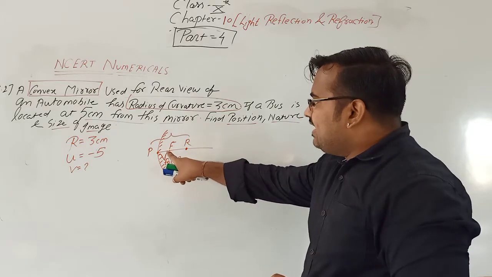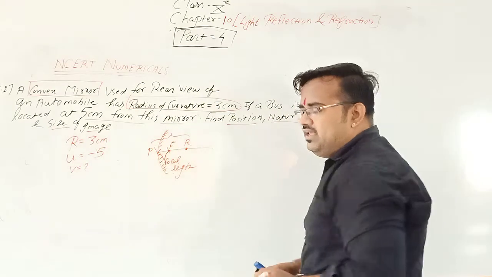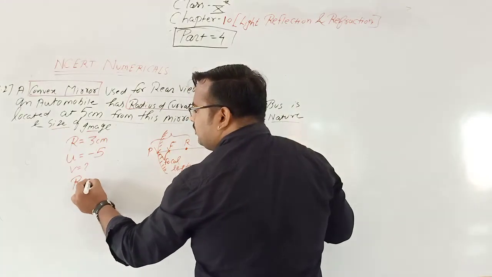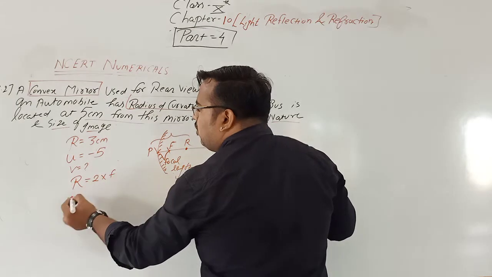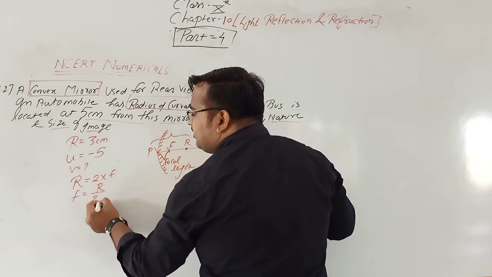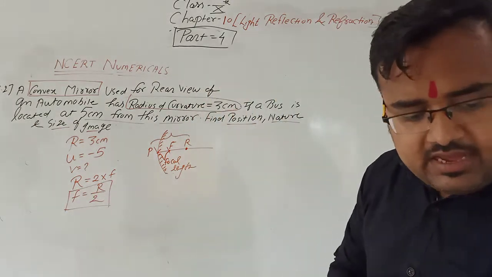So the focal length is half of the radius of curvature. We can write the formula: radius of curvature is equal to 2 into focal length, or focal length is equal to half of the radius of curvature.